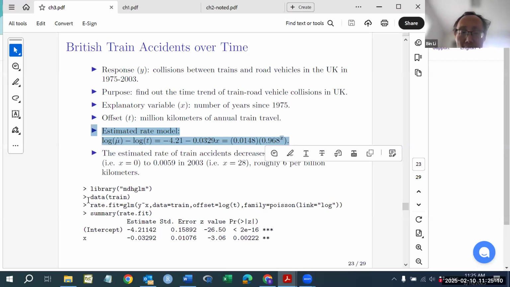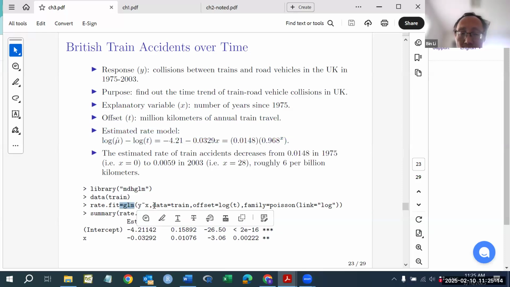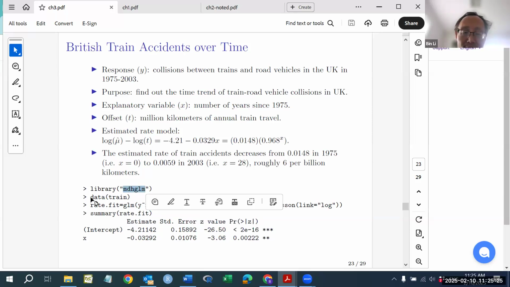Okay, so based on this fitted rate model, you can see how to fit a rate model in R. You can use the GLM function, and this data set is in a library called NDHGLM. That library has the data set called train. If you want to play with it, you can download this library in R and open it.